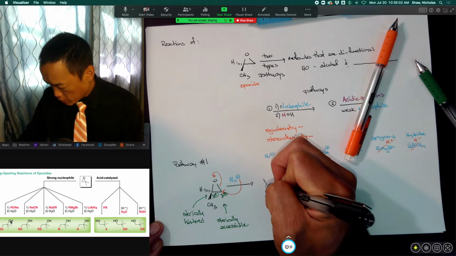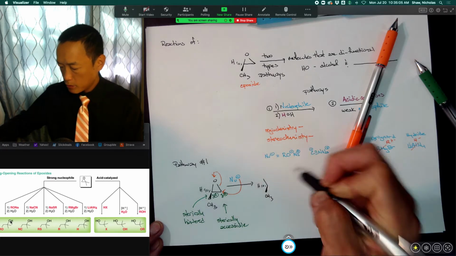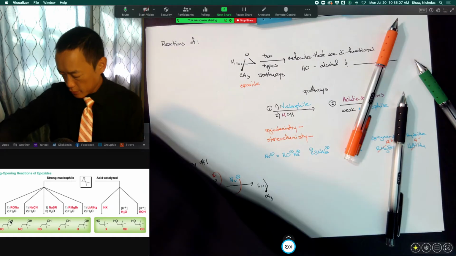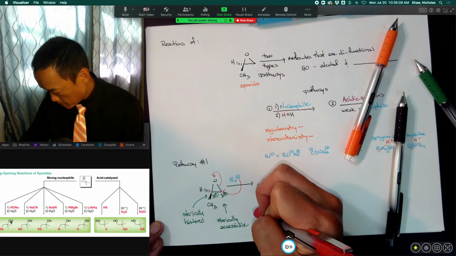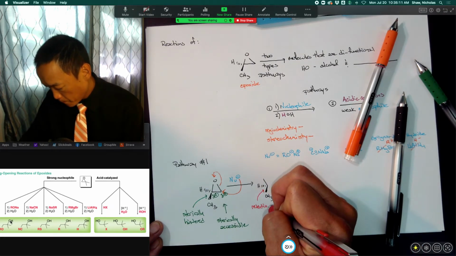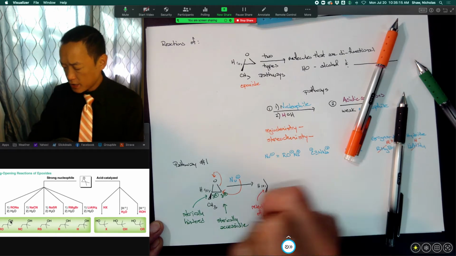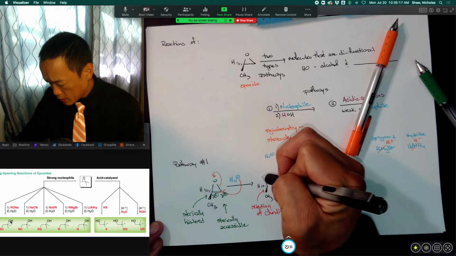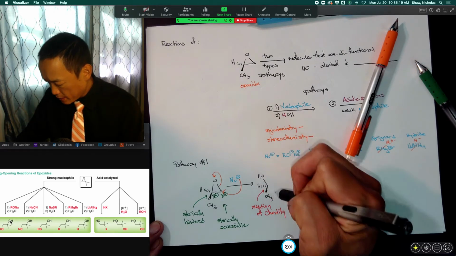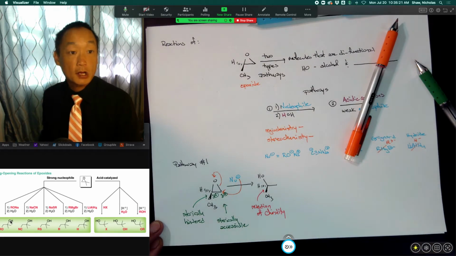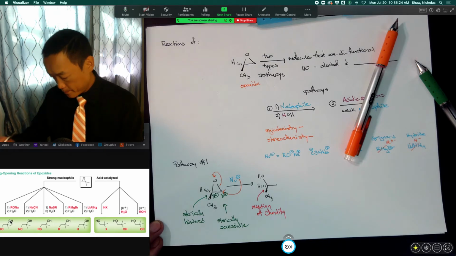And look. Because the sigma bonds to this carbon all remain the same, the chirality remains the same.